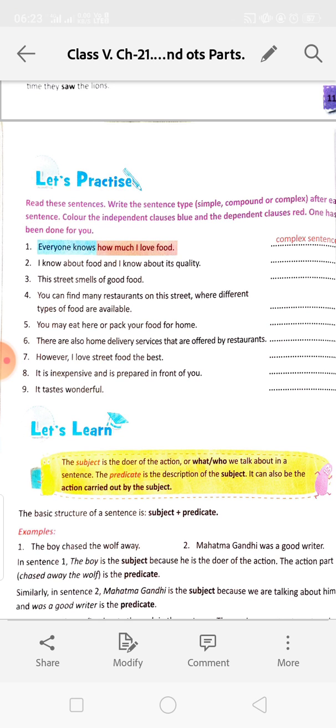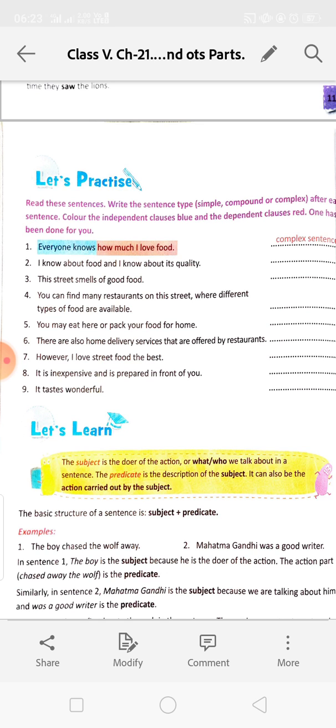A simple sentence will contain only one verb. A compound sentence will have two verbs, joined with conjunctions.